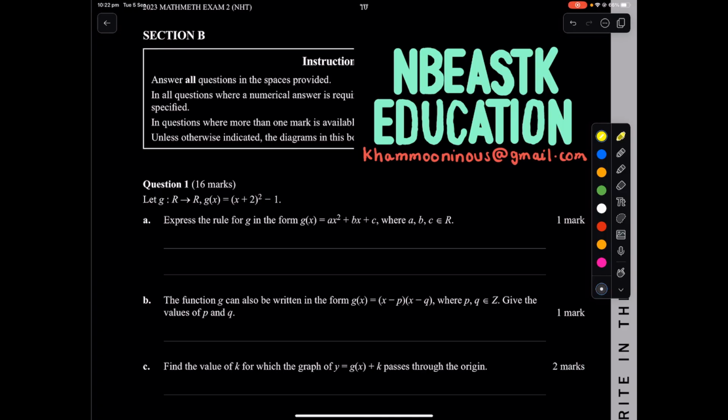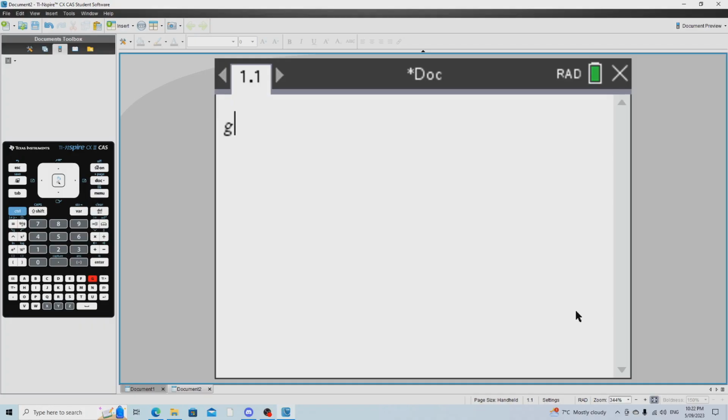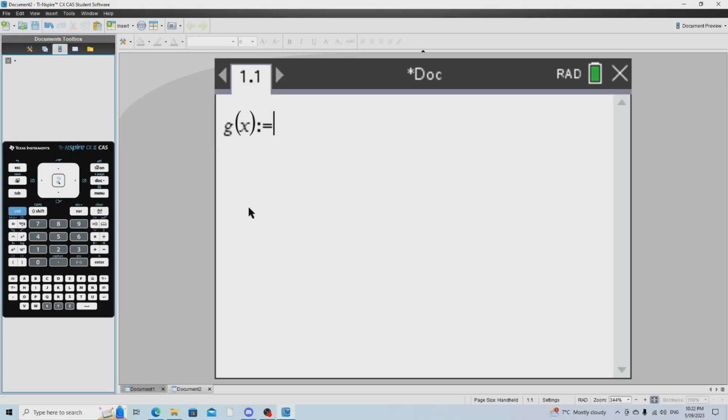So question 1. Let G be all reals, G of X. Okay, so it's a parabola. Express the rule of G in the form of G of X this, where A and B are elements of all reals. Very nice and easy. So what I'm going to do first is I'm going to define the function. So for G of X, I'm going to define it as x plus 2 squared minus 1.